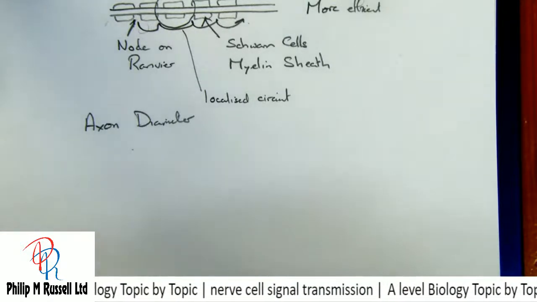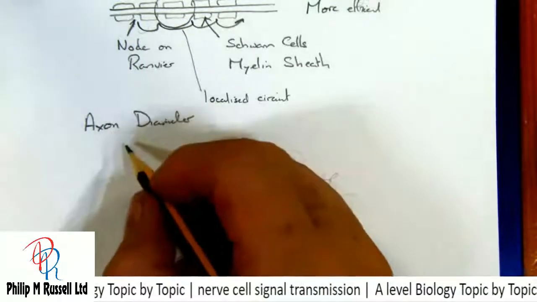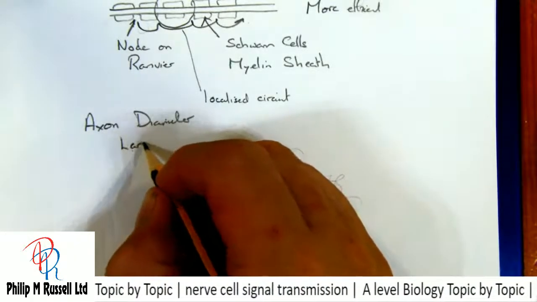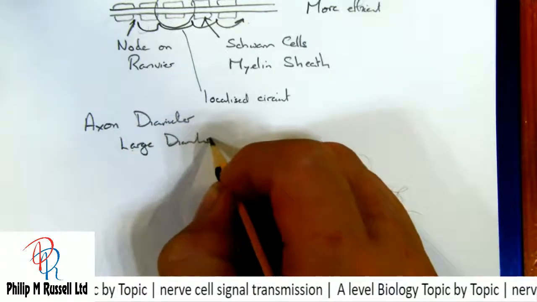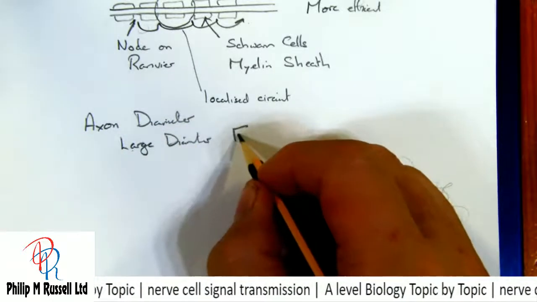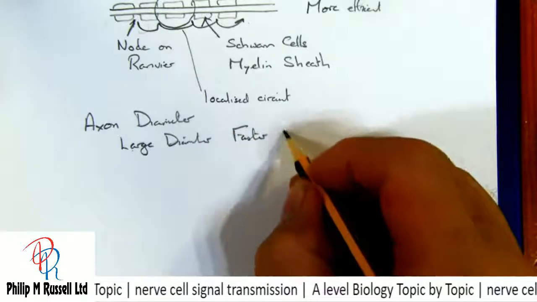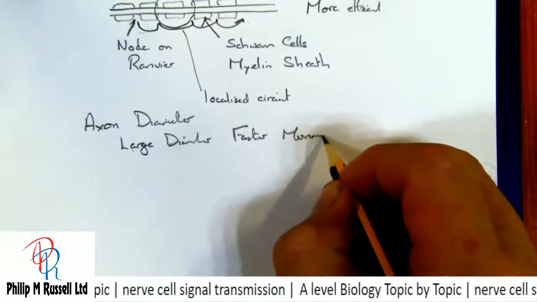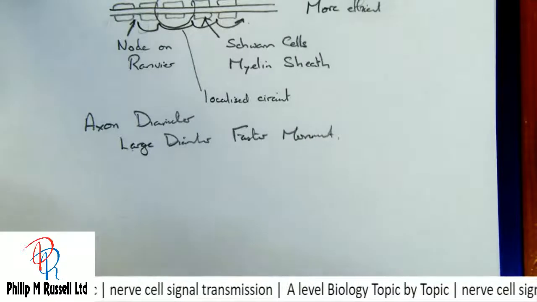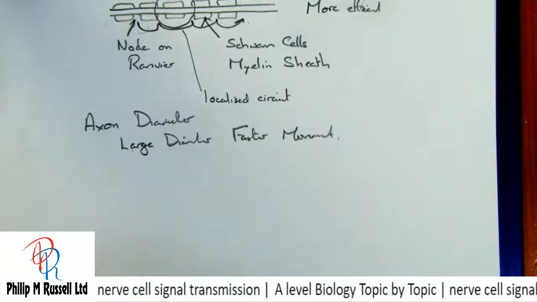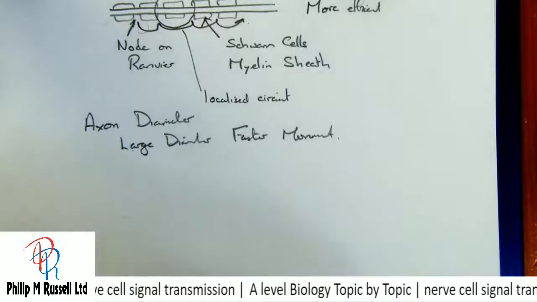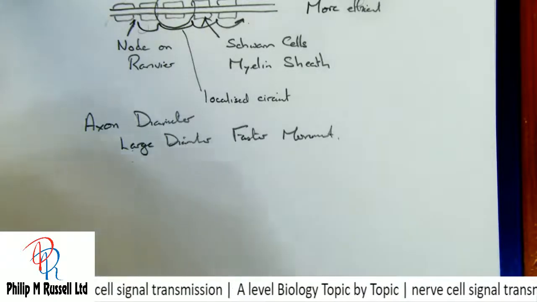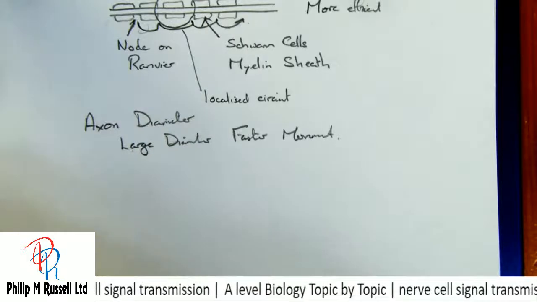So the larger the diameter, the faster the movement. This is because basically there's less resistance to flow of ions in the cytoplasm than in a smaller axon.